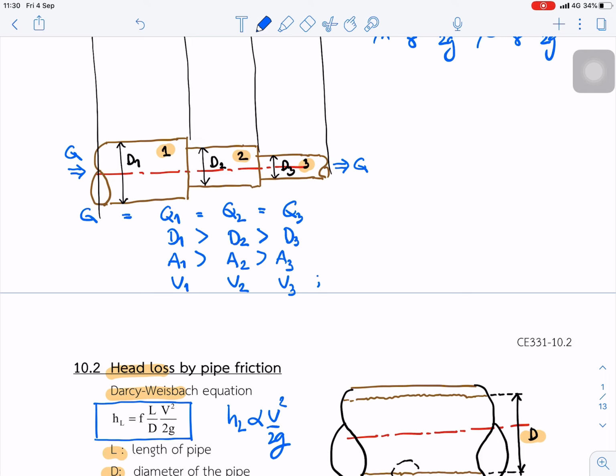So in this case, Q is equal to V times A, so V is equal to Q divided by area. In this case, it is an inverse proportion. Since pipe 3 has the smaller area, we expect that the velocity V3 is greater than V2 and greater than V1.